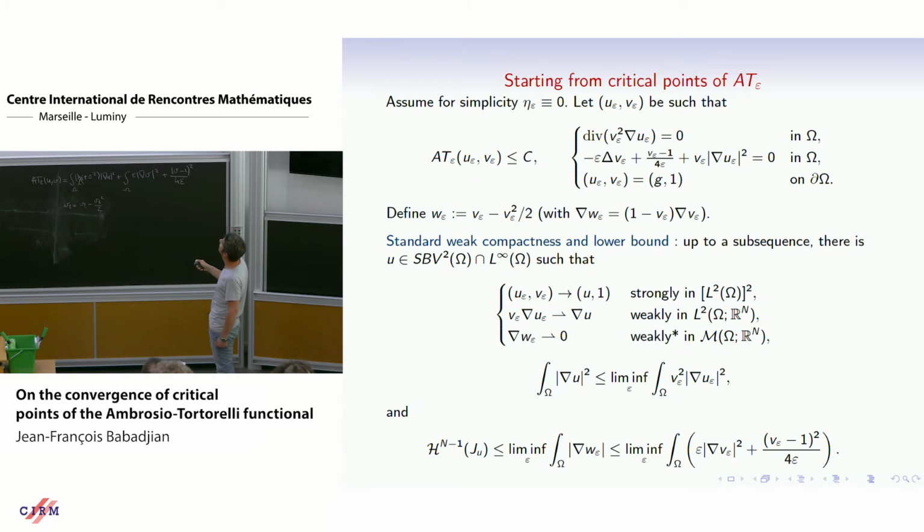Okay, and this is exactly the gradient of the function w_epsilon. So this inequality here is algebraic. Okay, and of course the difficult part of the lower bound in the Ambrosio-Tortorelli theorem is this inequality here. Okay, so there is nothing new at this stage.